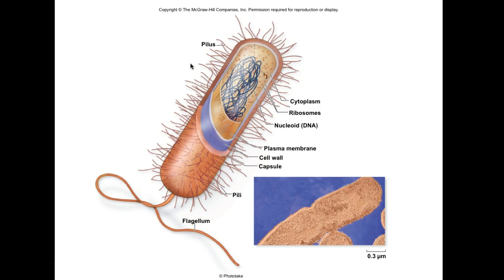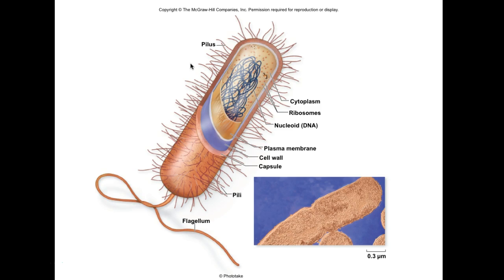If you look at it, here is the typical structure of a prokaryotic cell. The prokaryotes may or may not have some of these structures, like the pilus. The pili are going to be used for attaching to surfaces. You also have conjugation pili, which are going to play a role in sexual reproduction of bacteria cells. The cytoplasm, the ribosomes are going to be the site of protein synthesis.